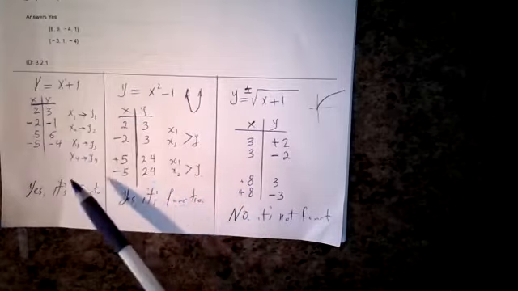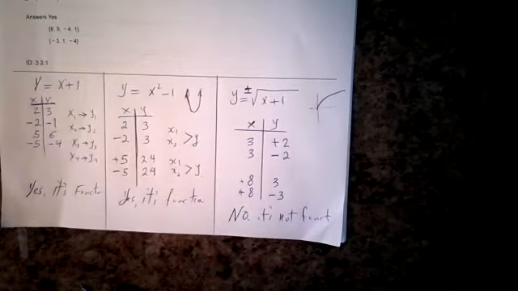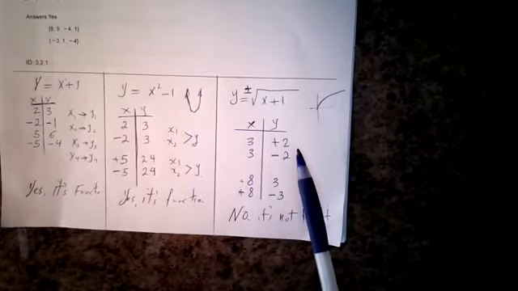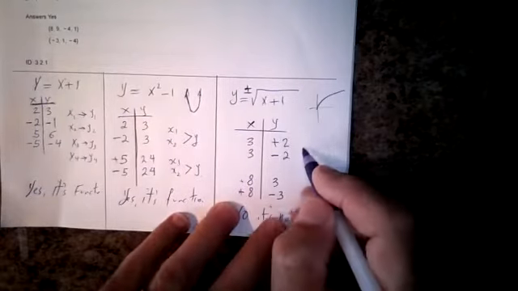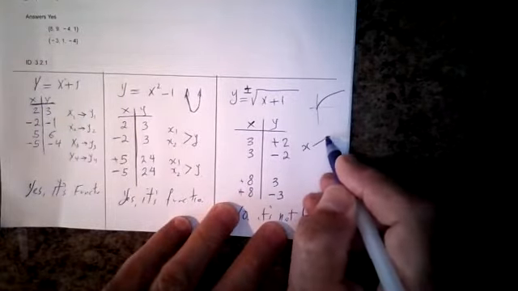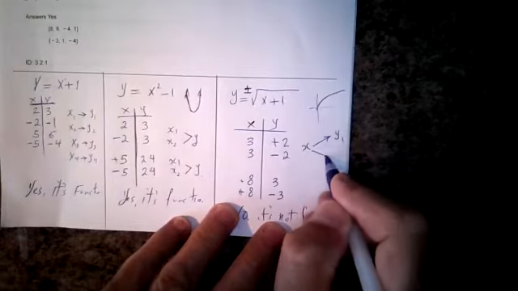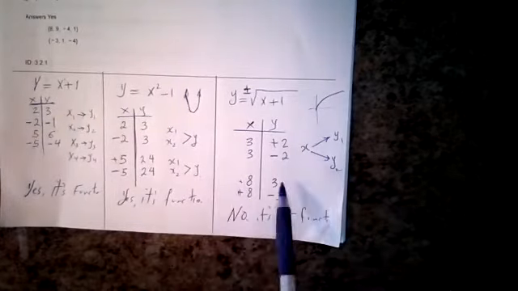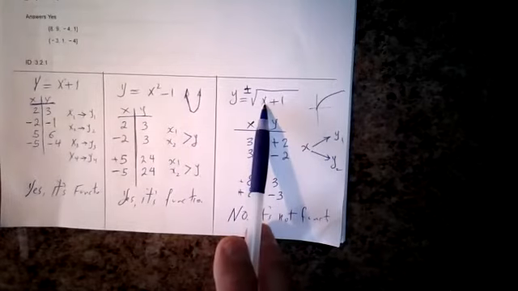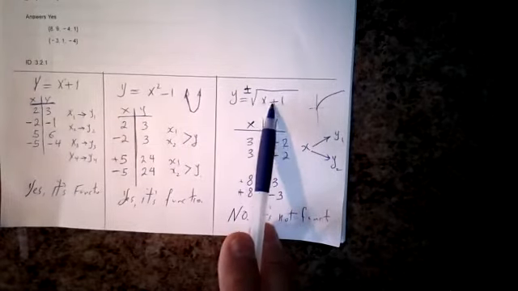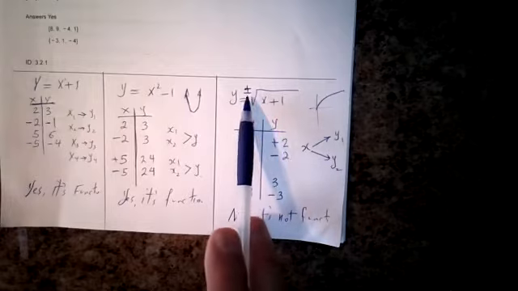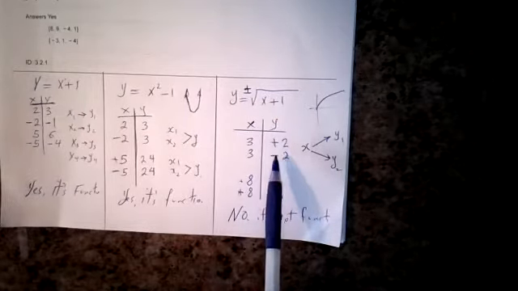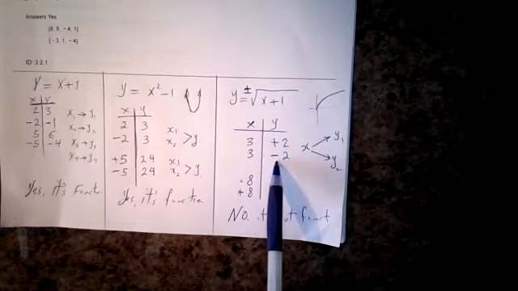These 2 are both functions. They're just the definitions. The third one is not a function. Why not? Because if for 1 x, you come up with 2 different values of y, then this is not a function. Like when I put x equal 3 here, radical 4 is 2, and since there is a plus or minus in front of this radical, you always end up having 2 values for y.